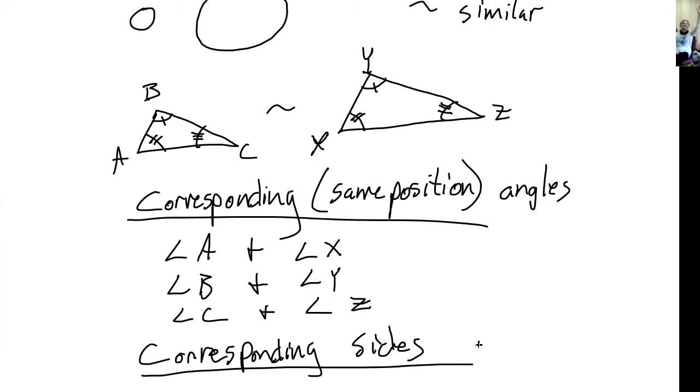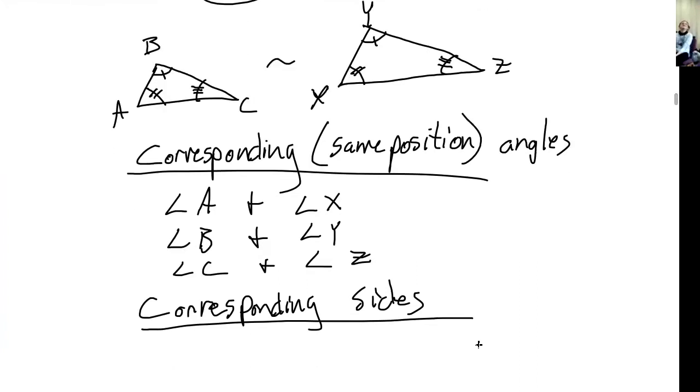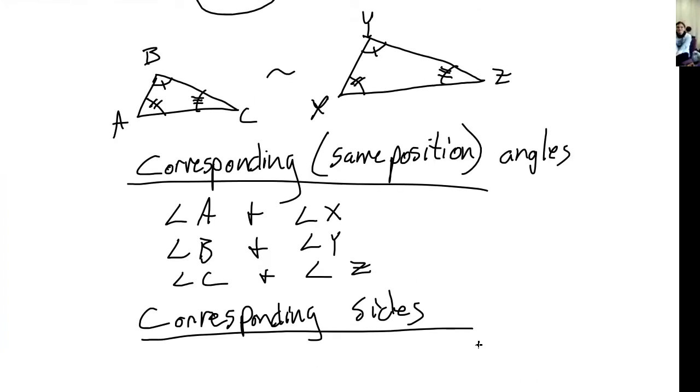Because Adeline is so excited. Is that you, Grady, raising your hand? Yeah. All right. AB and XY. Yeah, so we would say line segment AB, because remember a line segment has to start and stop with endpoints. So this AB corresponds with side XY, or line segment XY.